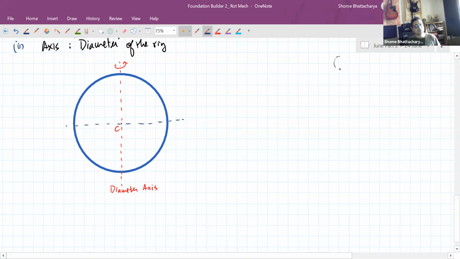As it is spinning, it looks like it's going around about this axis like this. So that kind of situation.